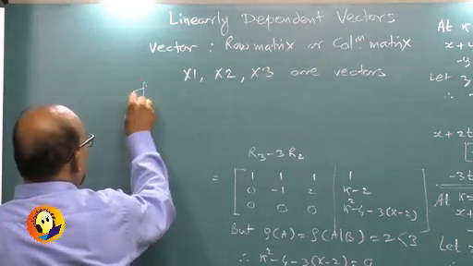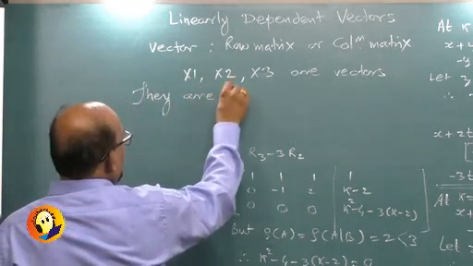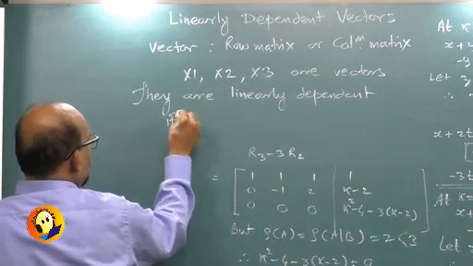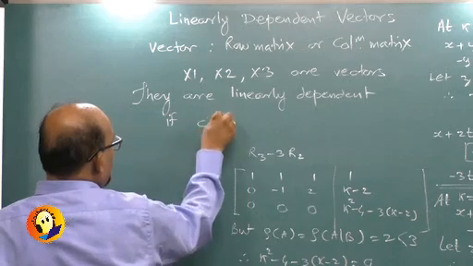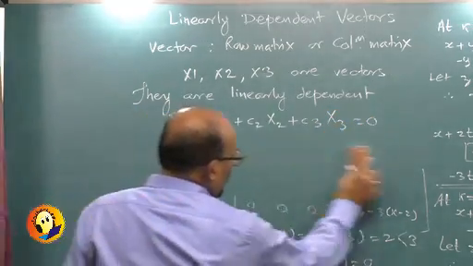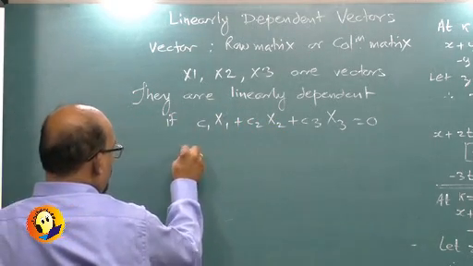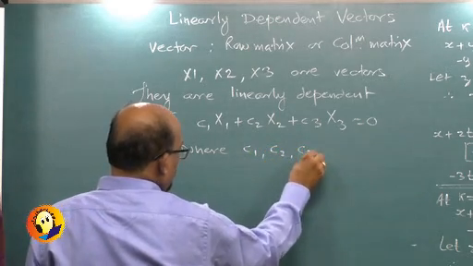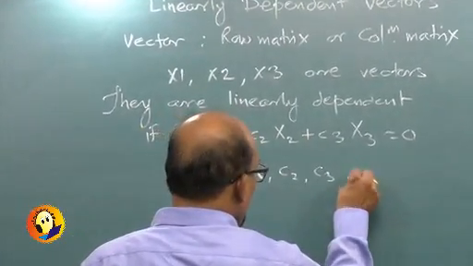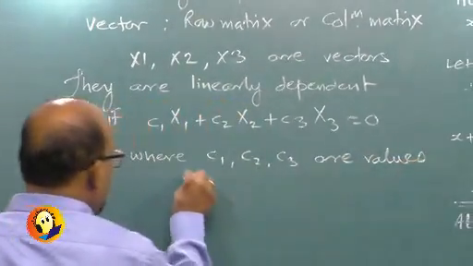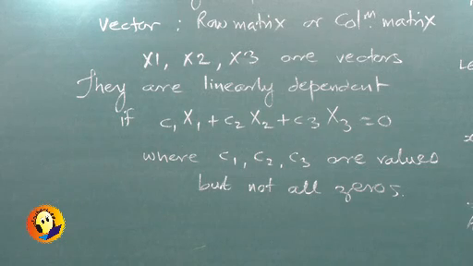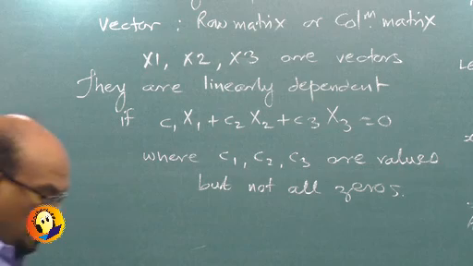We say that they are linearly dependent if C1 x1 plus C2 x2 plus C3 x3 is equal to 0, where C1, C2, C3 are not vectors, those are values, but not all 0. So they cannot all be 0. Right?